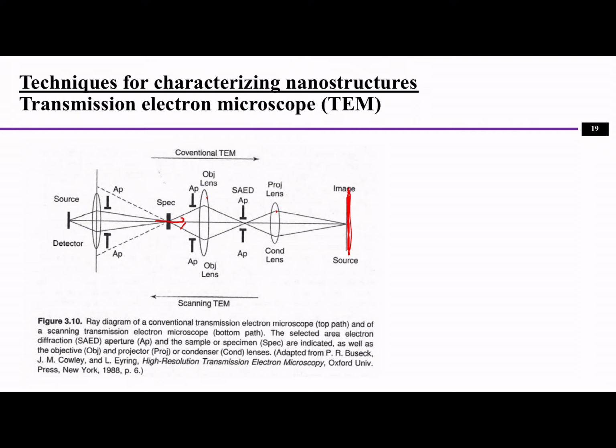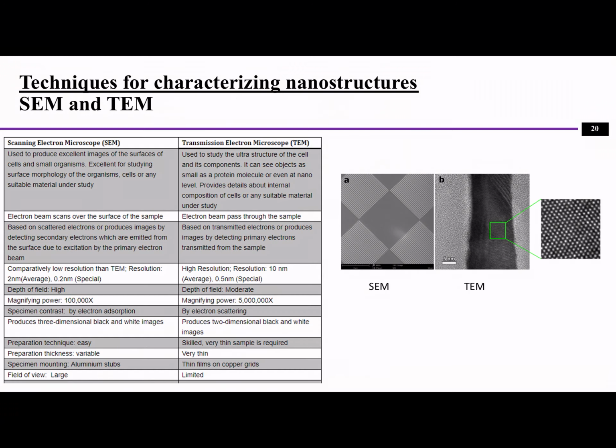So this is how the transmission electron microscope works. Compared to the SEM, you can see the electrons in the SEM didn't really go through it. Instead, they just reflected.